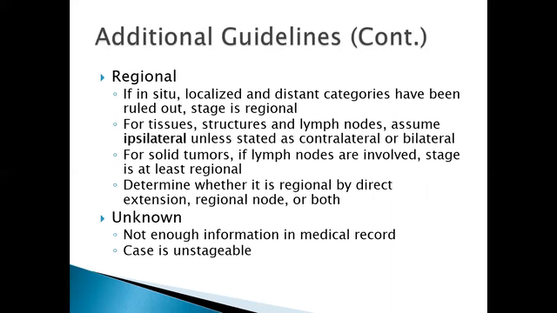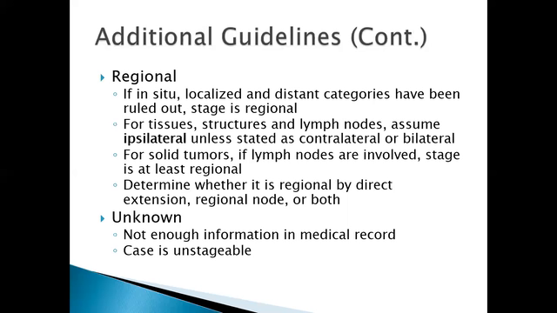For tissues, structures, and lymph nodes, assume ipsilateral unless stated to be contralateral or bilateral. So for lung, if the radiologist stated the patient has a left lung mass with metastatic disease to the hilar lymph nodes, and they didn't say whether they were the left or the right hilar lymph nodes, we would assume that it was the same side as that tumor, or ipsilateral.